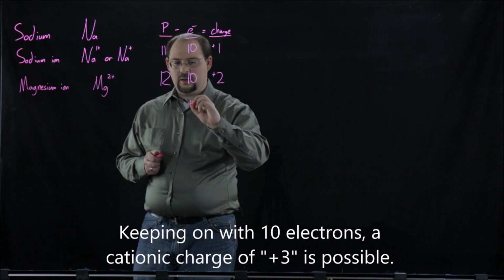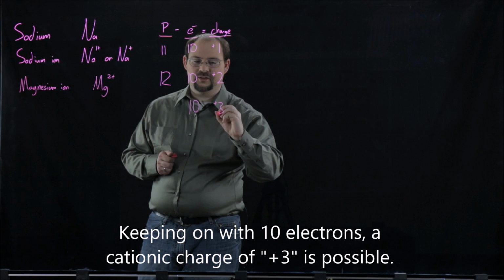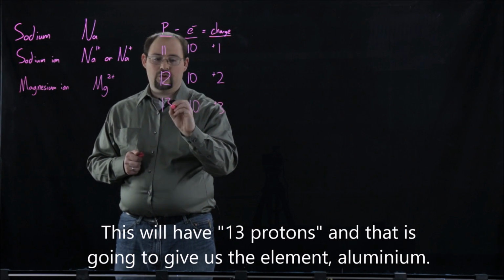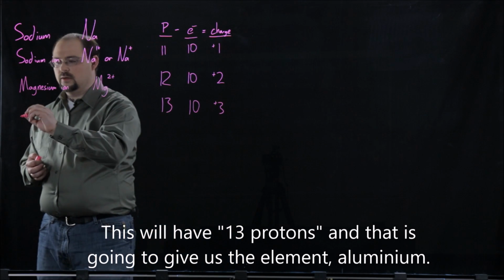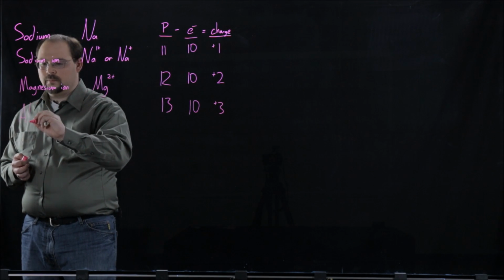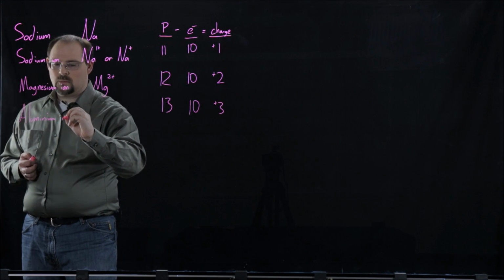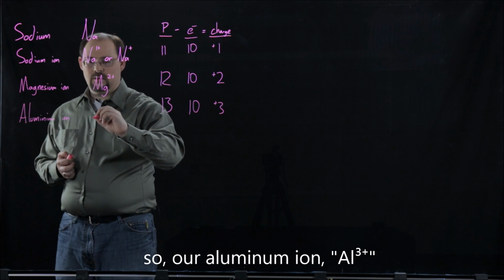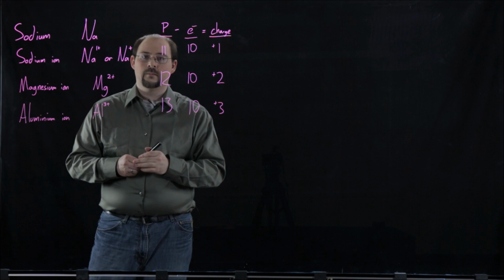Keeping on with 10 electrons, a cationic charge of +3 is possible. This will have 13 protons, and that's going to give us the element aluminum. So our aluminum ion, Al3+.